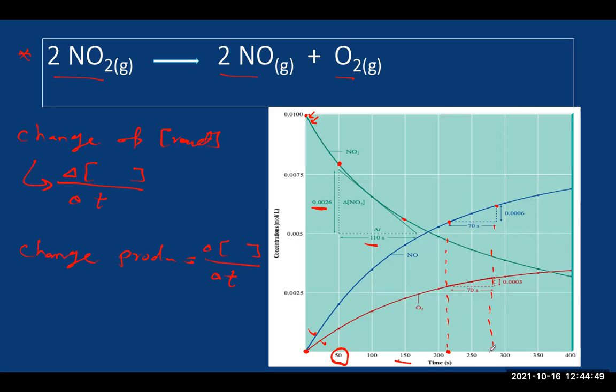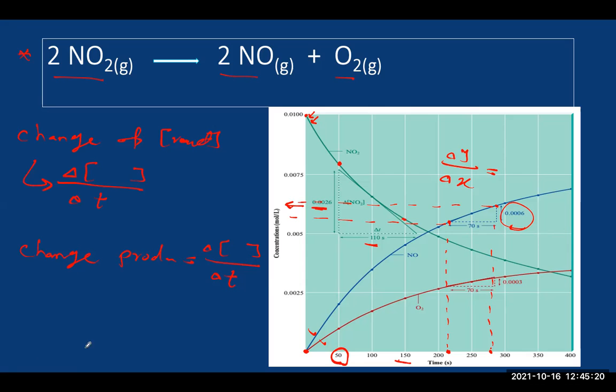So consider this is the time for NO. We will take Y over X, which will be here the change in Y, which is the change in the concentration in this time. This is the change in concentration over X, which is the change in time. So to calculate what will happen to any substance inside the reaction, we only need to calculate the change in the concentration over the change in time.